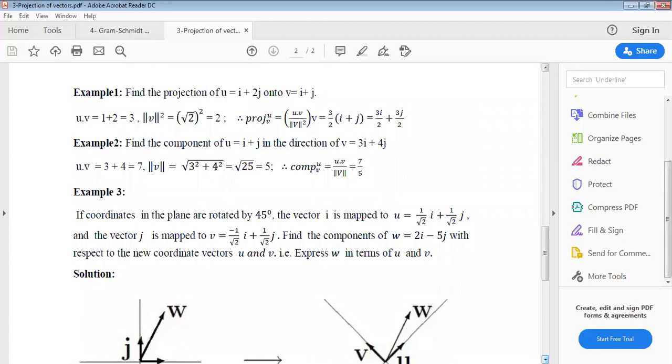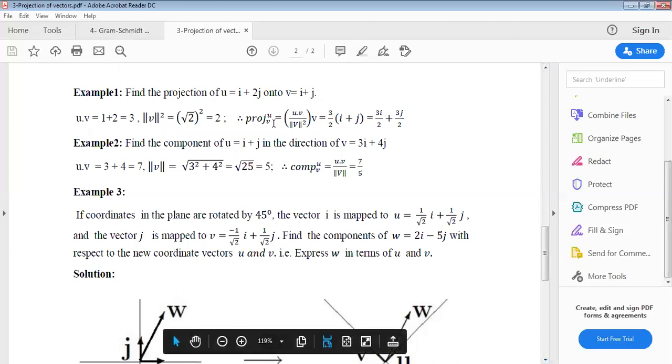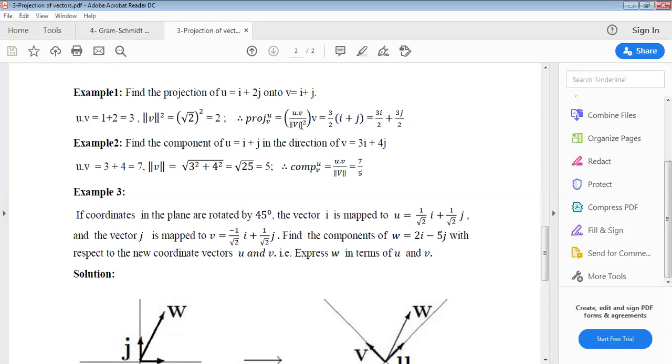Find the projection of u equals i plus 2j on v equals i plus j. So the projection of u on v is equal to u dot v by square of magnitude of v, into v.